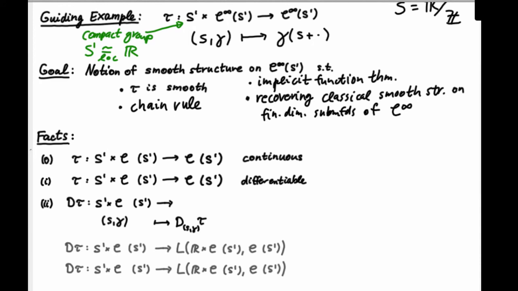So, let's see what we can do. I think there is a notion of Frechet differentiability in which this is actually smooth and the chain rule holds, but there's no implicit function theorem, because you'd like Banach spaces to have a Newton iteration. So the obvious idea is to take some Banach completions.